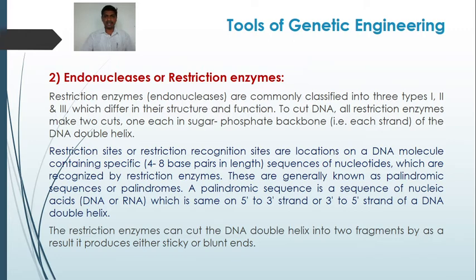To cut DNA, all restriction enzymes make 2 cuts, one each in the sugar phosphate backbone, that is, on each strand of the DNA double helix. As you know, DNA is double stranded, so the restriction endonuclease enzyme makes 2 cuts, one on each strand.